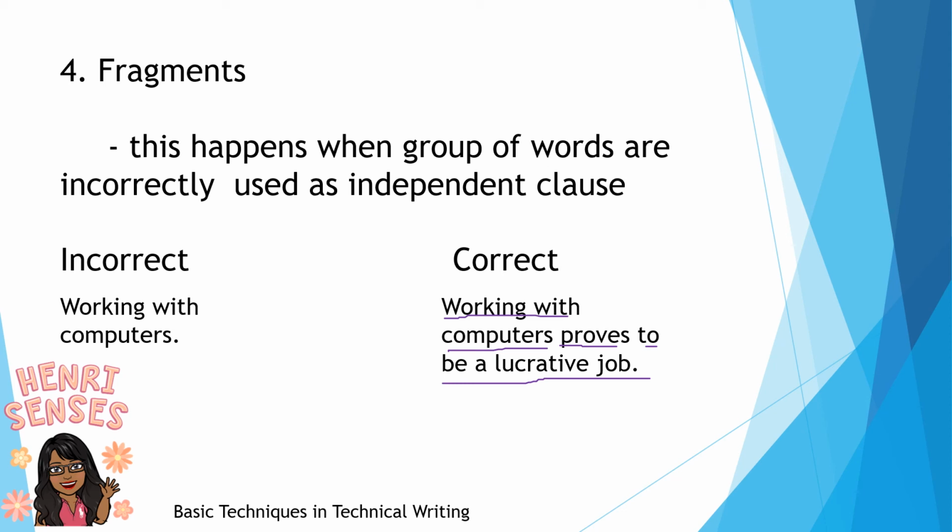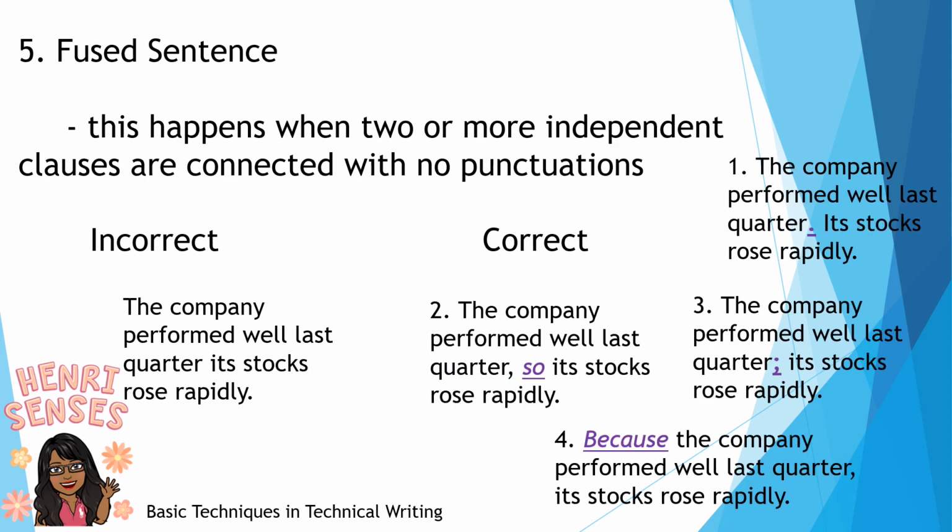Okay, so we have here another error, the fused sentence. When we say fused sentence, it means that you are combining two or more independent clauses without proper punctuation. Now, let's try looking at this one here. The company performed well last quarter. Its stock rose rapidly. Now, how are we going to correct this one? It's just very easy, guys. First, we can use a period.